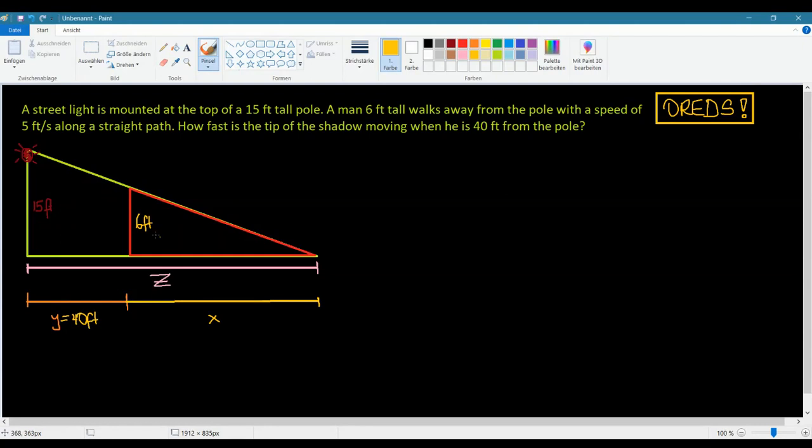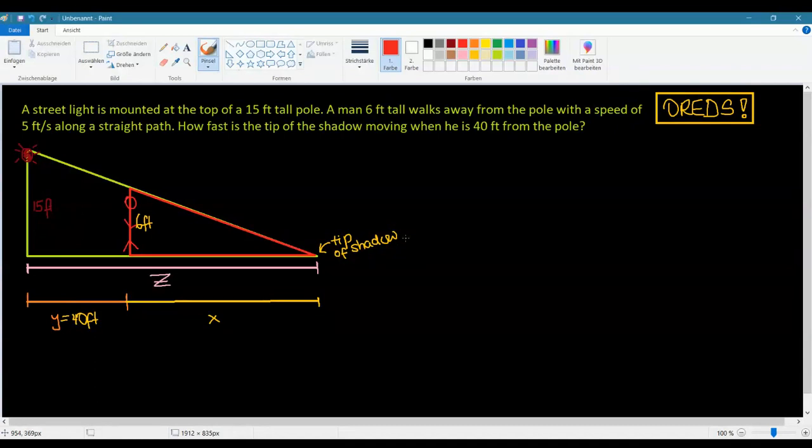We do not know how far away the man is from the tip of his shadow, right? Which is right here. This is the tip of the shadow. And I guess maybe I should draw a man so we know what we're doing. But that'll do.